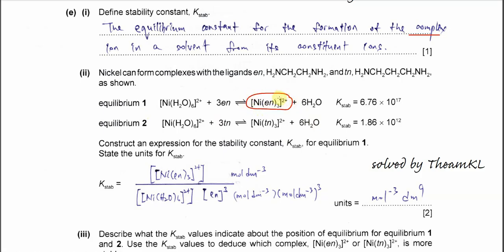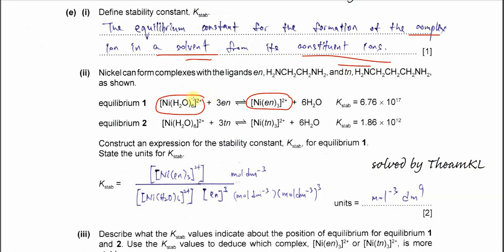This is the new complex formed. From where? From its constituent ions. So the complex ion in a solvent, normally water, is formed from its constituent ions. This is the definition of K stab.